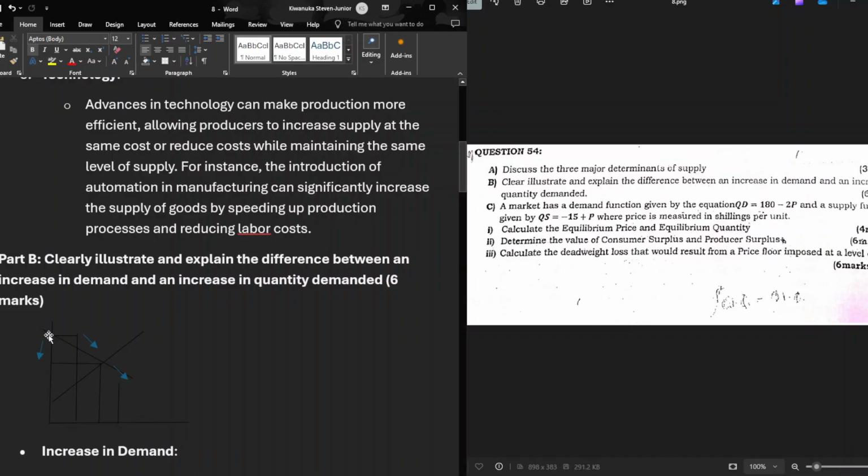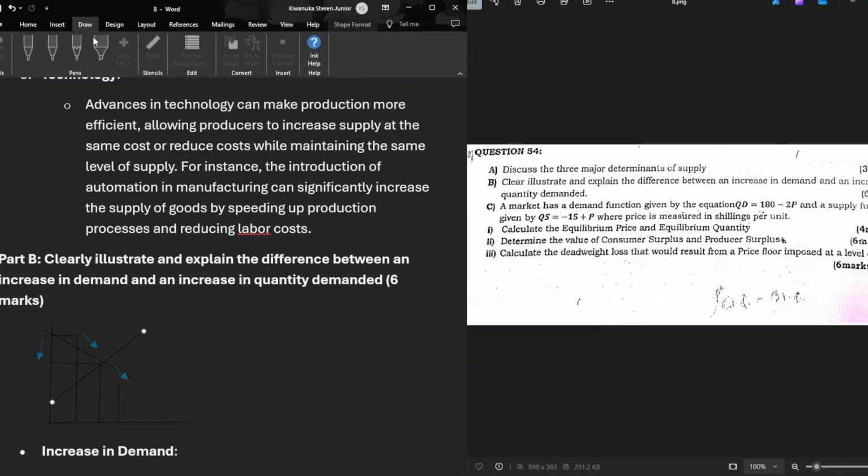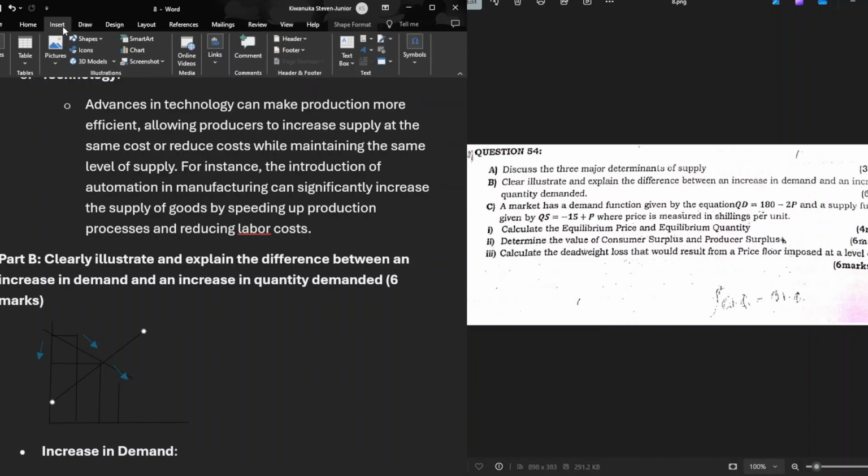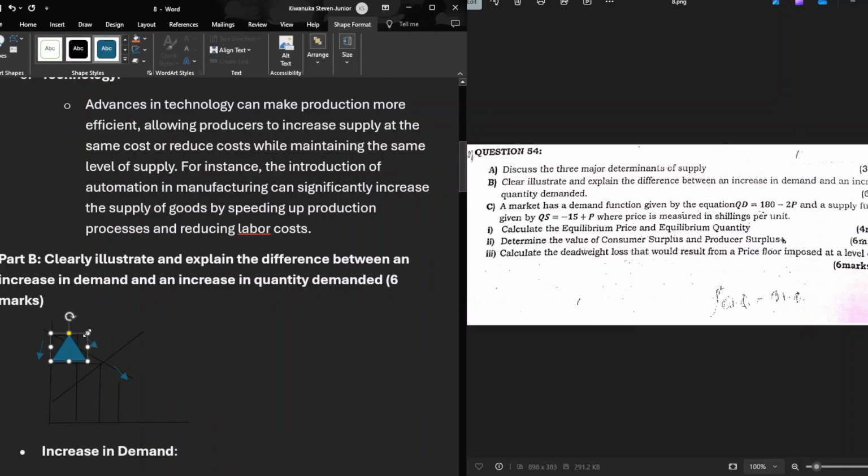The triangle you are seeing here, in between this here and here. I will not go into scaling it very well, but I think you are seeing the area. This area here is what we call the consumer surplus.